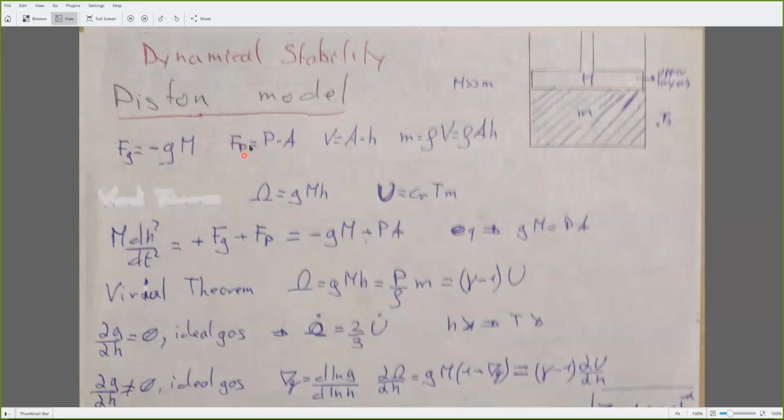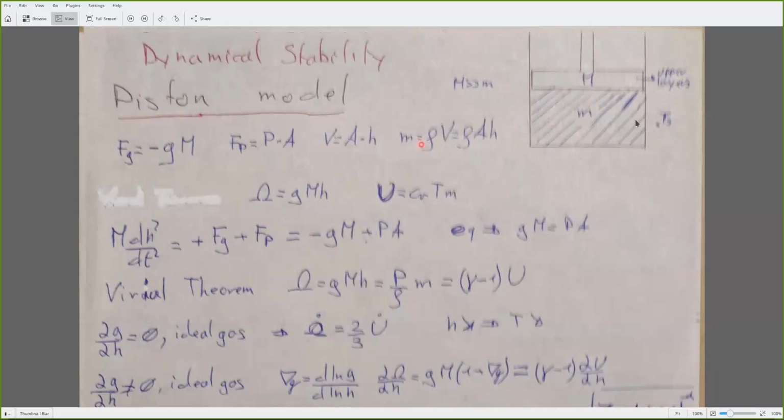The force due to the pressure is simply the pressure of the gas inside multiplied by the area of the piston, between the piston and the gas. The volume of the gas is given by H, the height from the floor of the piston, the distance between the piston and the floor of the chamber.